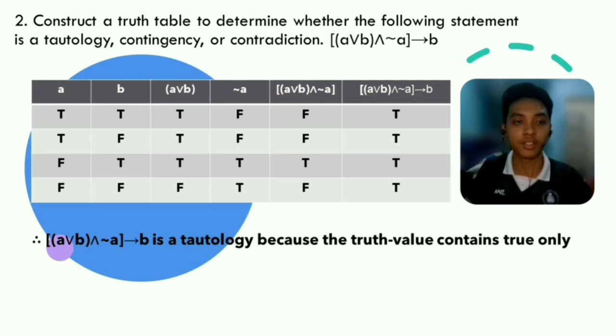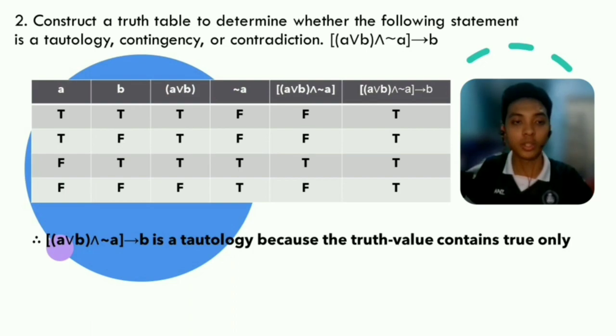The first column is column A, the second column is B, the third column is A or B, the fourth column is not A, the fifth column is the combination of column 3 and column 4, and the last column is the statement itself.